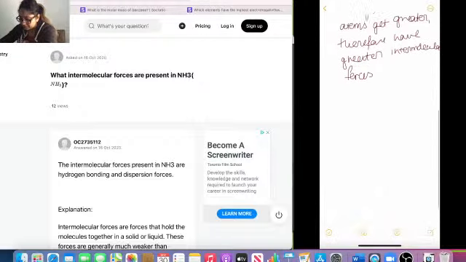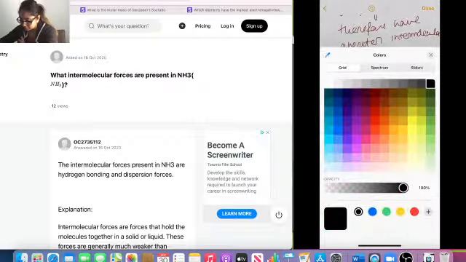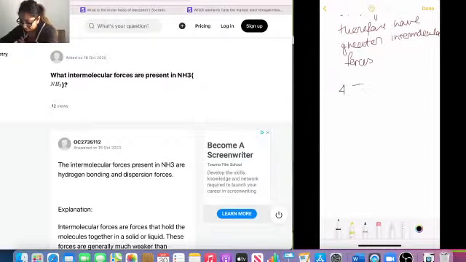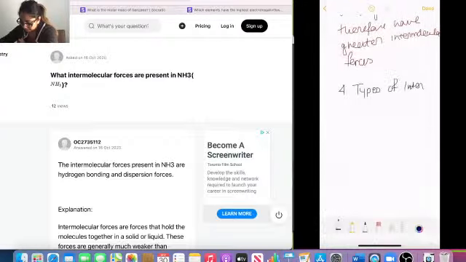So there are four major classes of basically interactions between the molecules. So your intermolecular forces, four types of interactions. Okay, and so number one is the strongest, which is ionic forces.